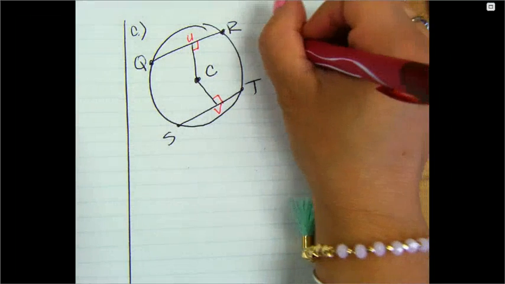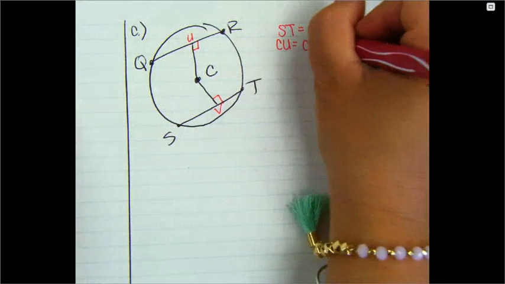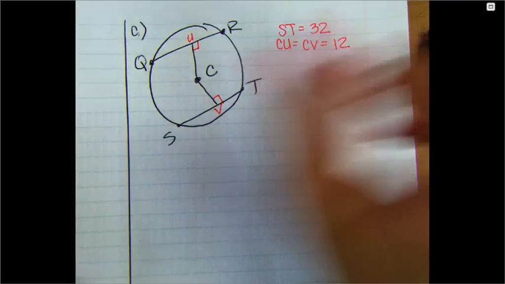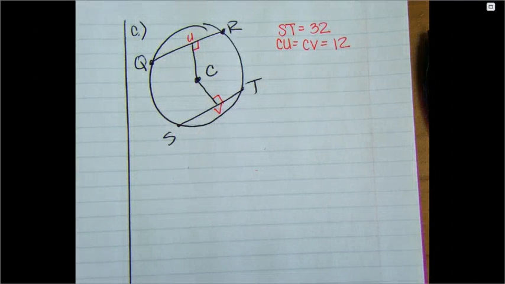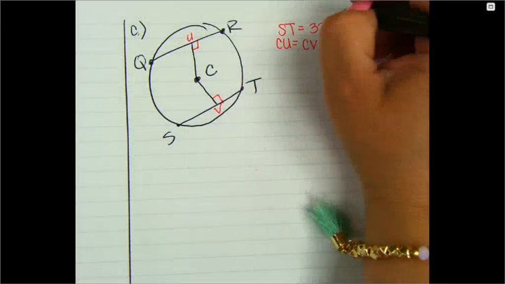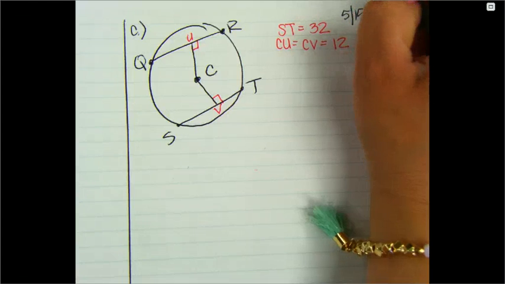I'm also going to tell you that CU equals CV, which is 12. I want you to fill in everything you know about the circle.